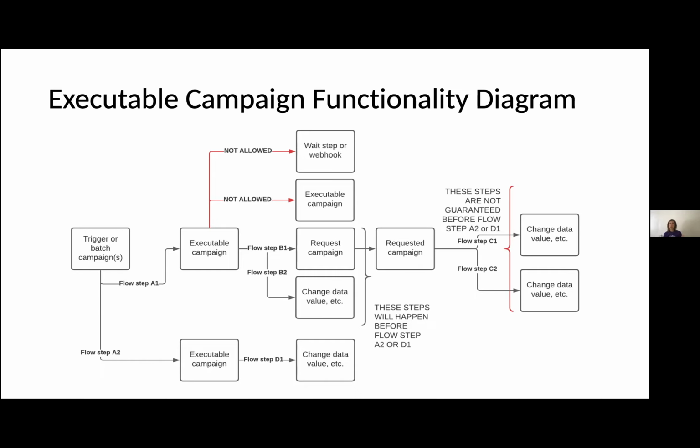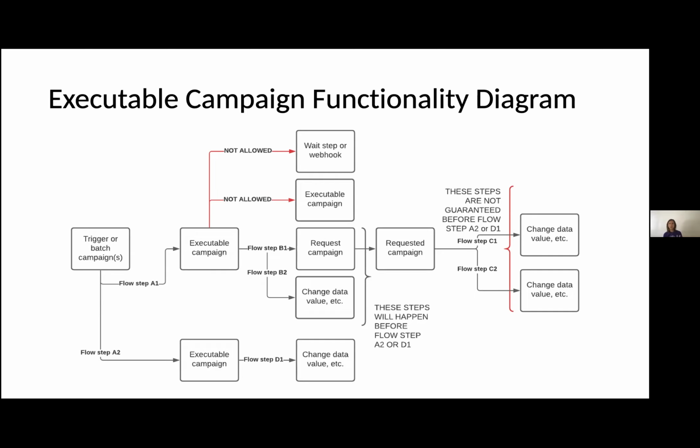So it's only one level of flow steps that it will guarantee. So it's really only relevant for request campaign. Anything else like change data values or setting any other kind of status, that's all going to happen. It all needs to be completed before that original campaign will move on to the next flow step and then complete the flow steps within that executable campaign.